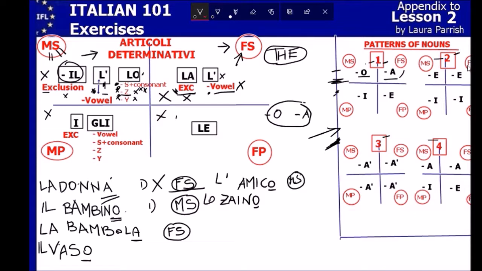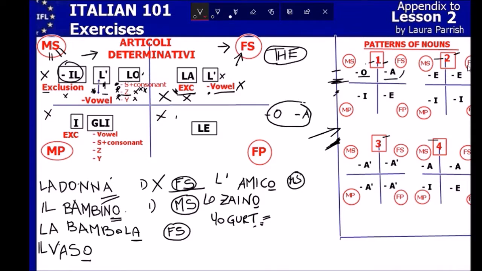Let's do a couple more. Let's do yogurt. I like yogurt. This is a foreign word for Italian. Anyway, so yogurt, there is a rule that you find in lesson number 1. Every time a word is a foreign word, and because all Italian words end with a vowel, a word ending with a consonant is not an Italian word.